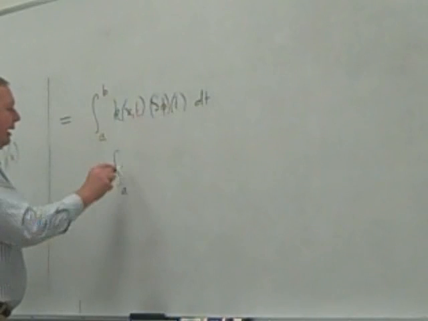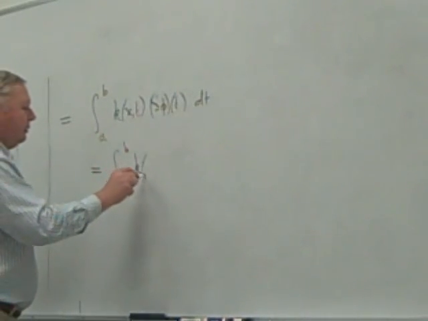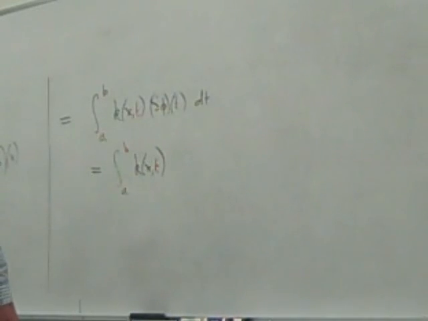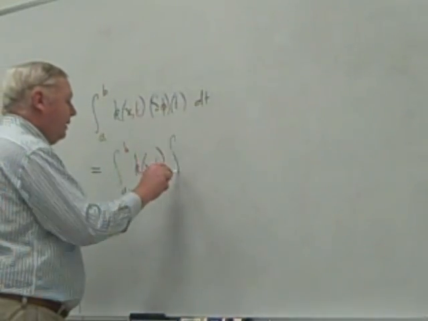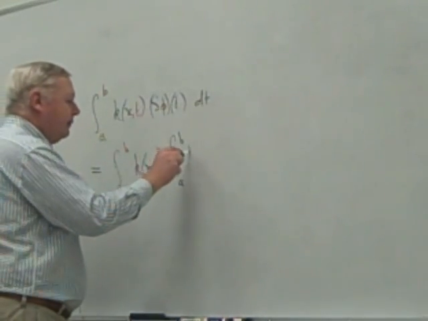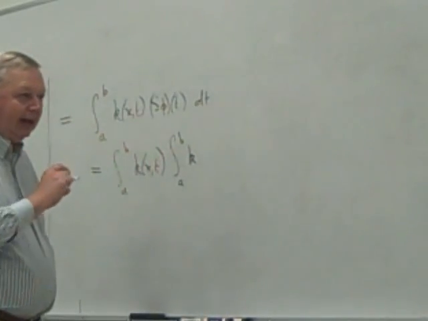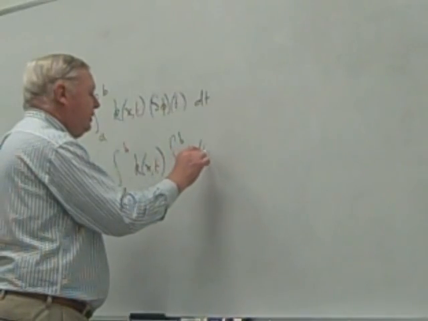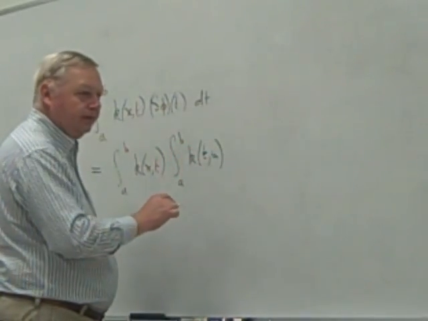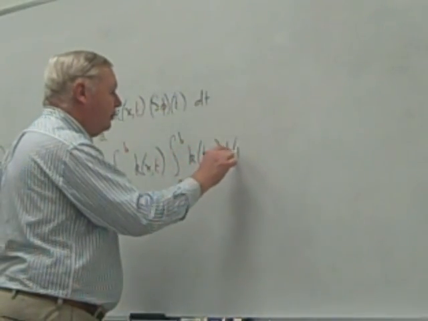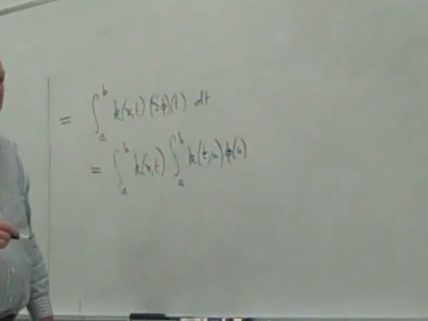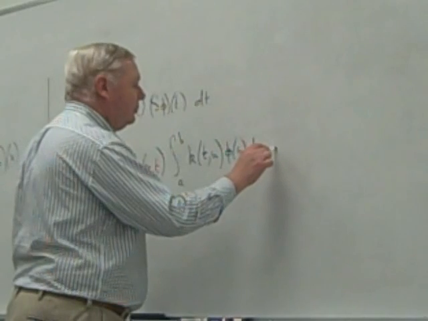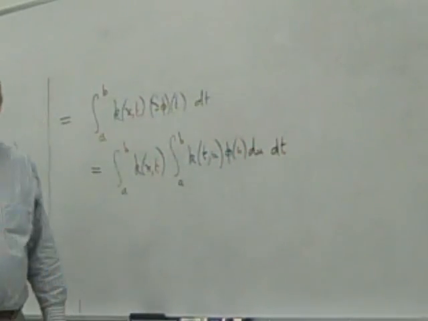So a to b k of x,t, and then it will be the integral a to b of k of t,u times phi of u du, integrated dt.